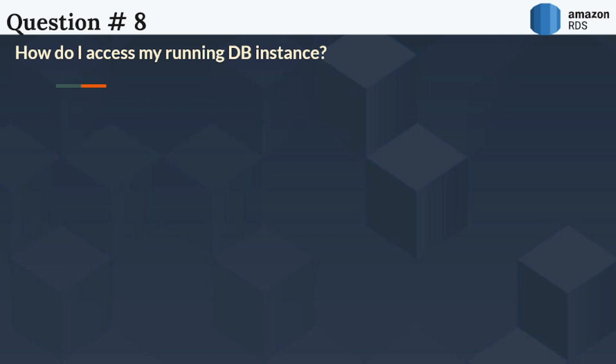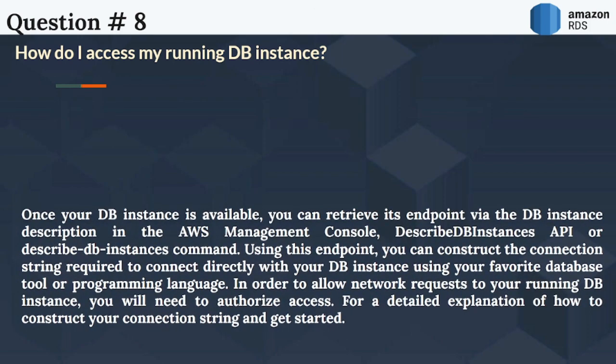So the next question is, how do I access my running DB instance? Once your DB instance is available, you can retrieve its endpoint via the DB instance description in the AWS Management Console, Describe DB Instances API or Describe DB Instances command.